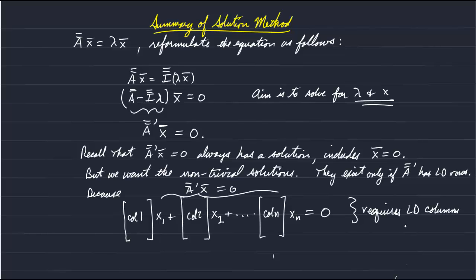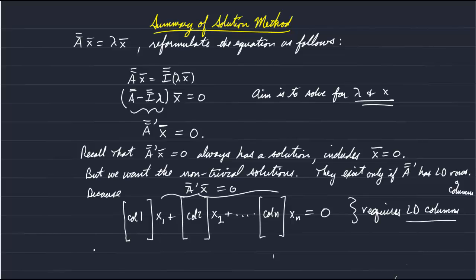And if the, let's see, I stated here they exist only if A prime has linearly dependent rows and columns. I should add that, because any matrix that has linearly dependent columns also has linearly dependent rows.